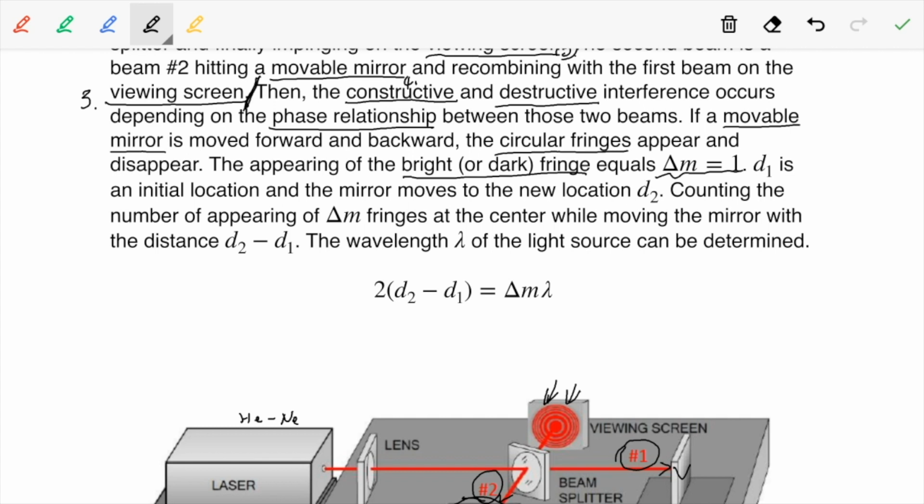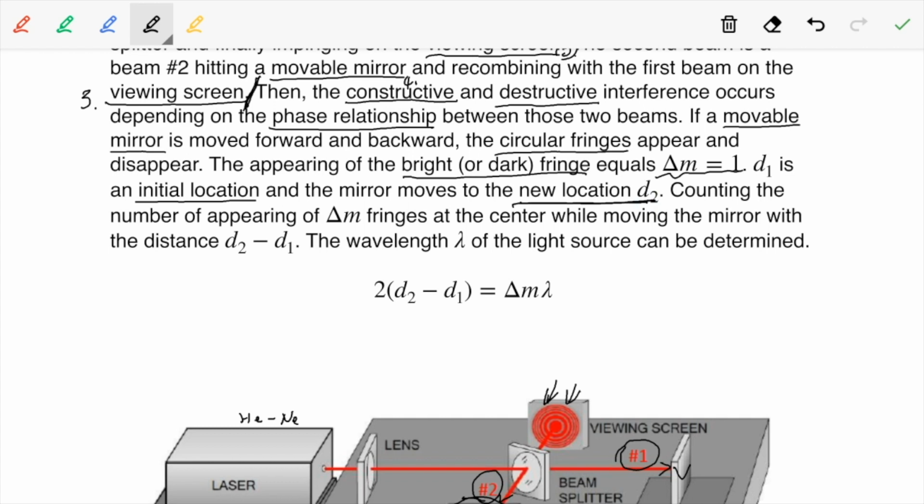The appearing of a bright or dark fringe equals delta m equals 1. Delta m means the number of bright or dark fringes. d1 is the initial location of the movable mirror, and d2 is the new location of that mirror.